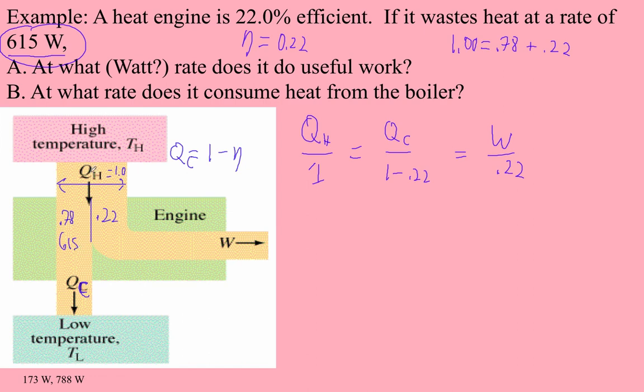So now we've got to figure out what these are in proportion to that, right? So I go QC, so 615 watts, divided by 1 minus 0.22, which is 0.78, equals work divided by 0.22. So I can just set up this ratio here, and this should work, right? So I'm going to go 615 divided by 0.78, and the 0.78 again is 1 minus 0.22.